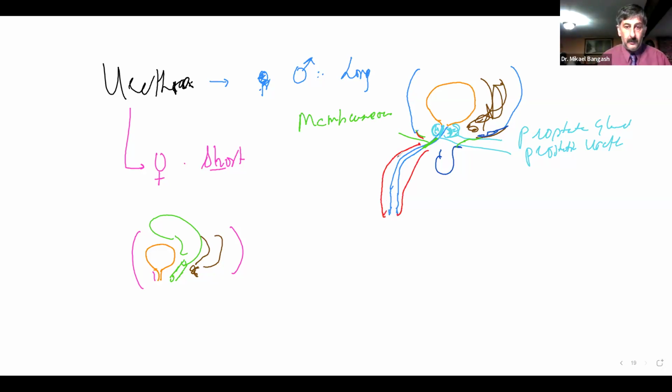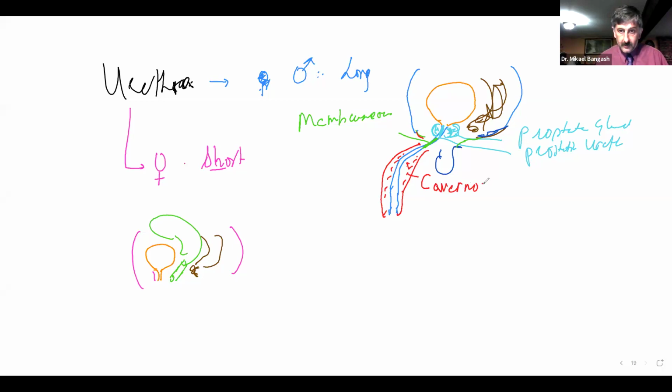And what we will see as we talk about the reproductive system is that in the penis, there are actually going to be 3 muscular bodies, or 3 structures made up of muscles, called the corpus cavernosum.